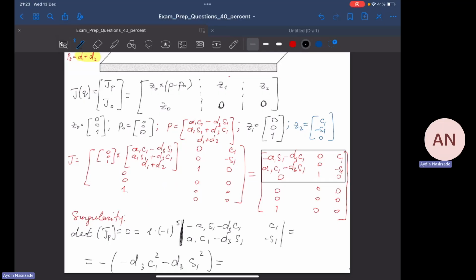Now we have a trigonometric identity, and we have D3 being equal to 0. This is the singularity condition for the aforementioned robotic arm.